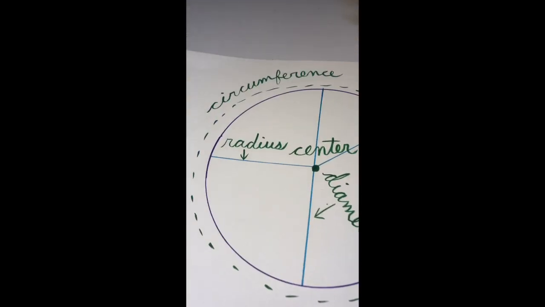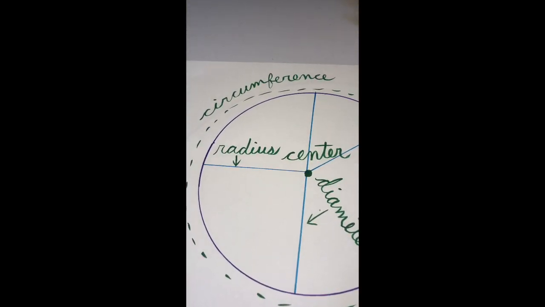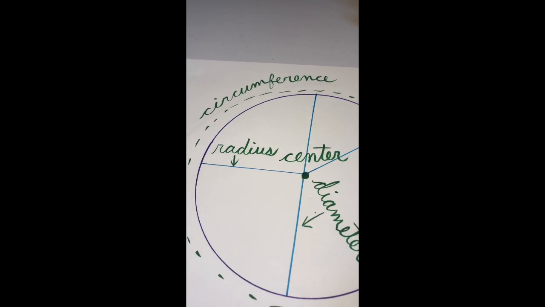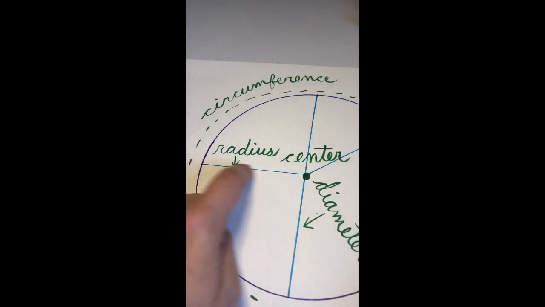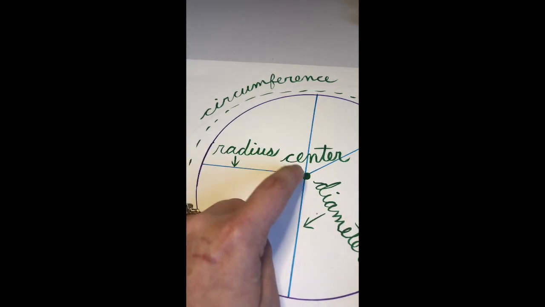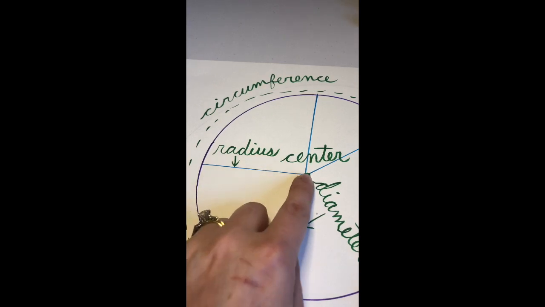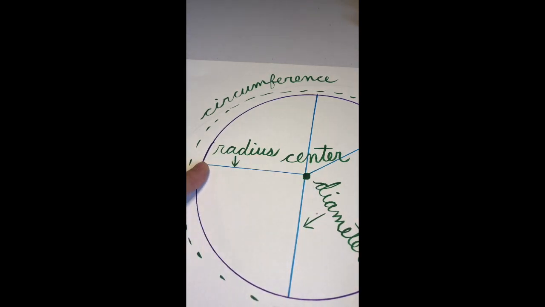So yesterday, we talked a little bit more about even more different parts of the circle. So let's review what we talked about the first day. The first day, we talked about the circumference of the circle, which is the measure around the outside. We talked about the radius of the circle, which is a line drawn from the center to a point on the circumference.